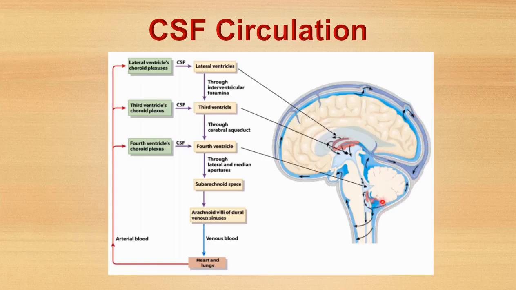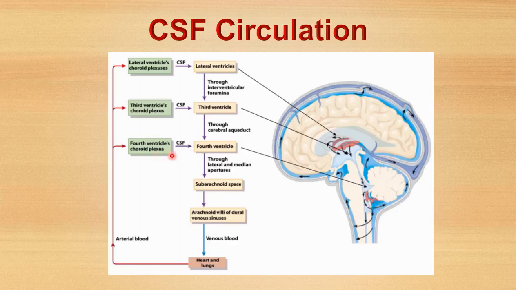So here you are able to see the cisterns: the cisterna magna, then the pontine cistern, the interpeduncular cistern, the chiasmatic cistern, the cisterna ambiens, the quadrigeminal cistern, and then the lateral cisterns. So they're all seen here.